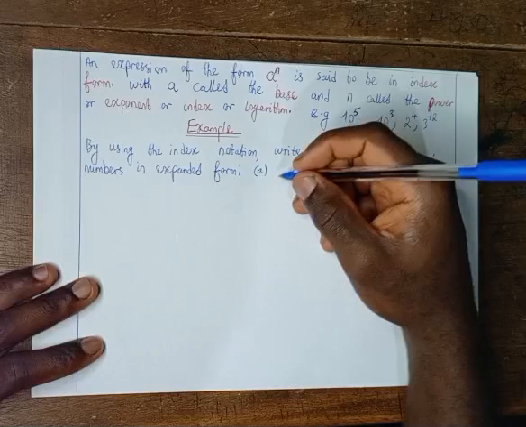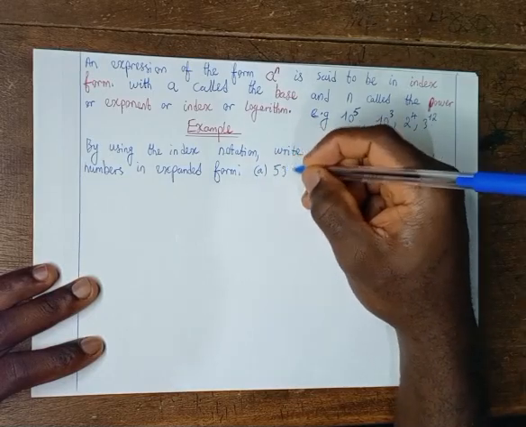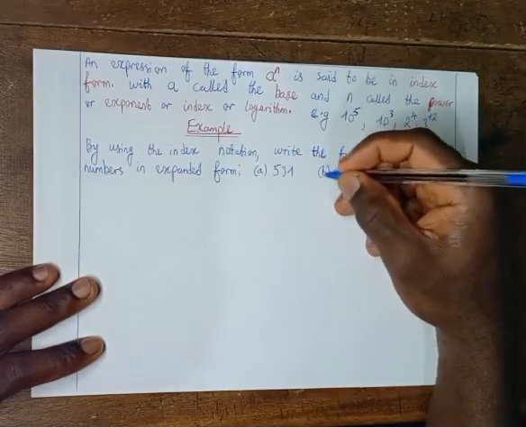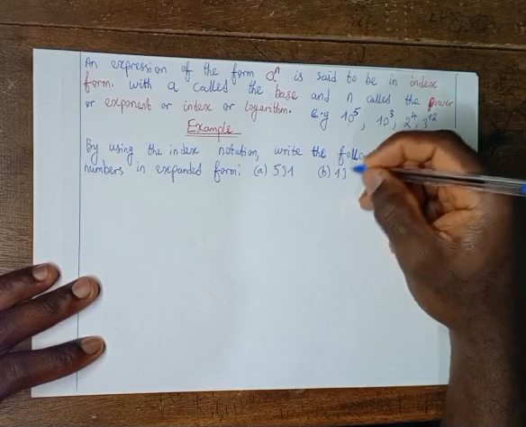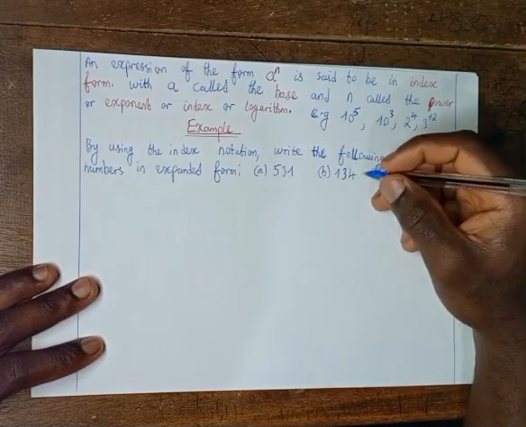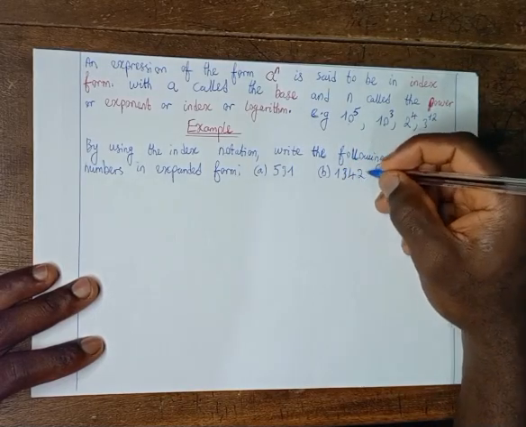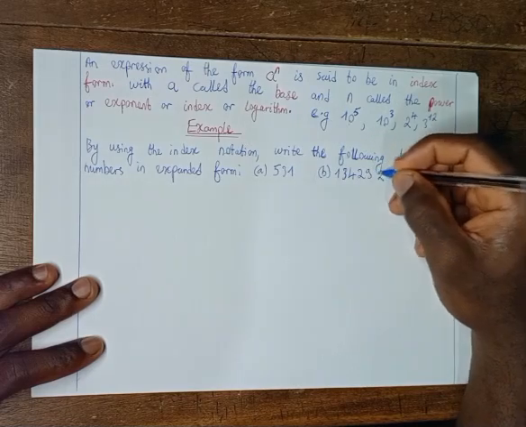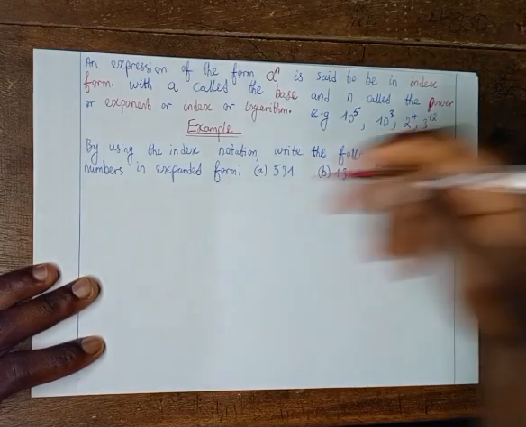The first one, A, we have the number 531. B, we have the number 134,292, the same numbers we had above. Take now the solution.